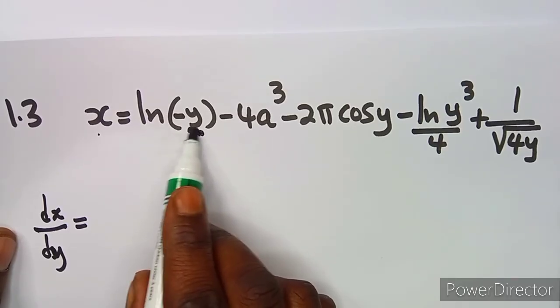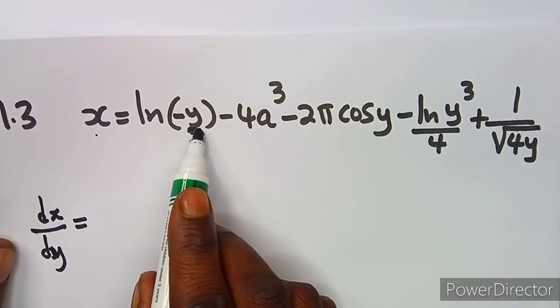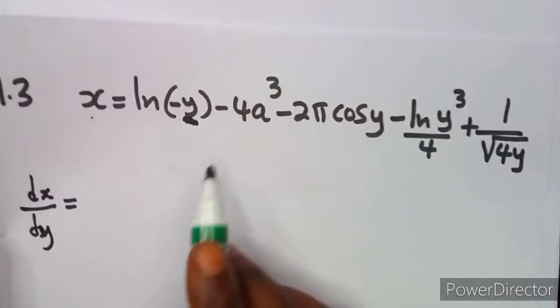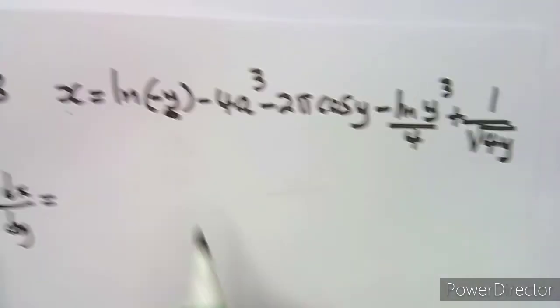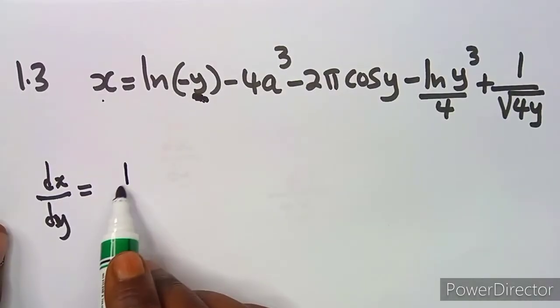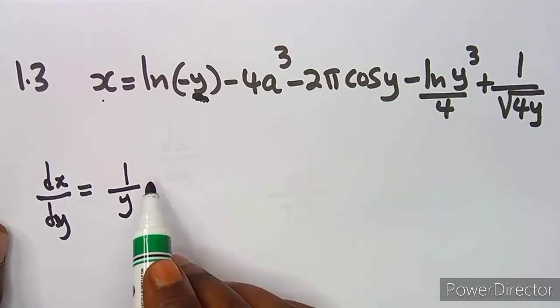So the derivative in this case of minus y is -1, over the function of y that is given, which is minus y. So it's going to give us 1 over y.